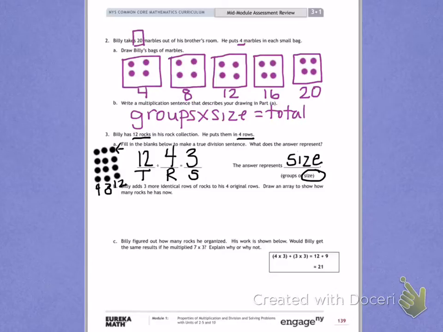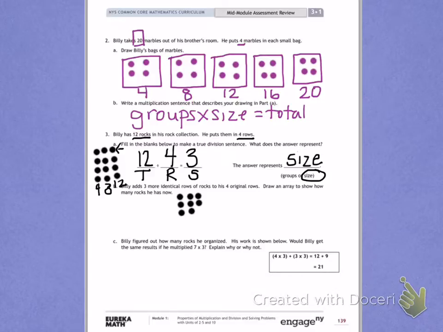Letter B. Billy adds 3 more rows of rocks to his 4 original rows. Draw an array to show how many rocks he has now. So I'm going to redraw my original array first.